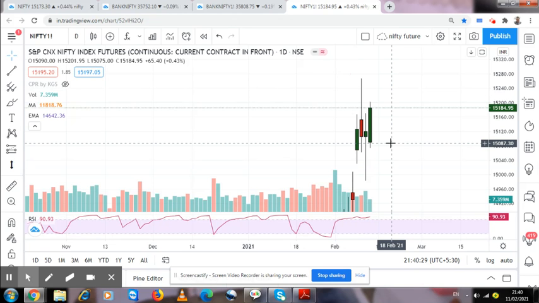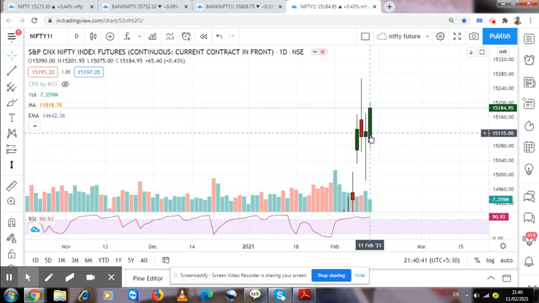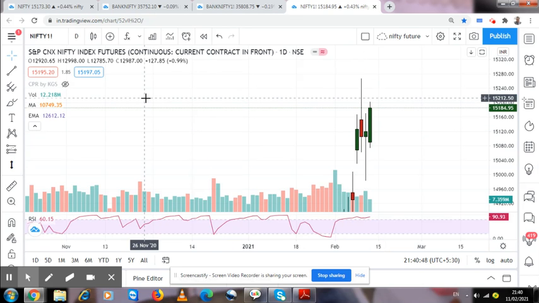Tomorrow is the last day of the week, so we need to see the activity by the experienced traders in the market tomorrow. So on the chart it is signaling kind of bullish. Okay, let's see what is going to happen tomorrow.